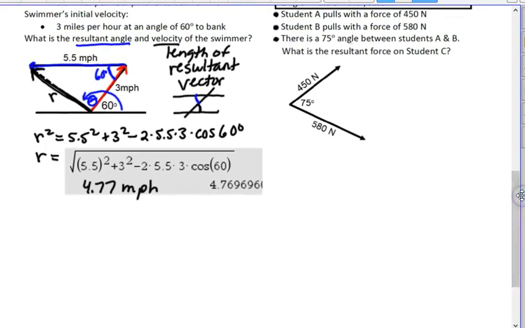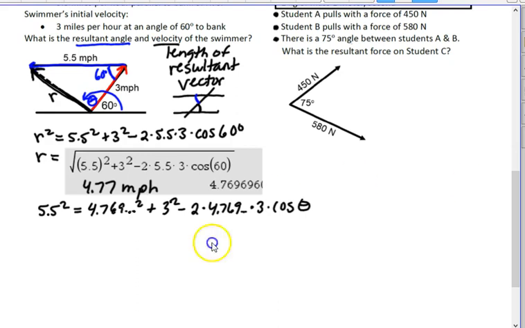So I'm going to go ahead and set up law of cosines to find angle theta. So 5.5 squared is equal to the side I just found, 4.77 squared. And of course I'm going to actually put this in as 4.769, because I'm going to copy that in my calculator, plus 3 squared minus 2 times 4.769, etc., times 3 times cosine of theta.